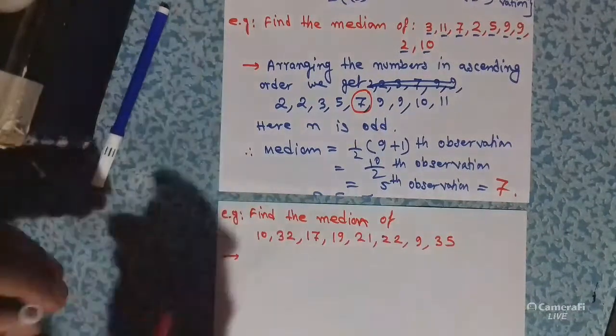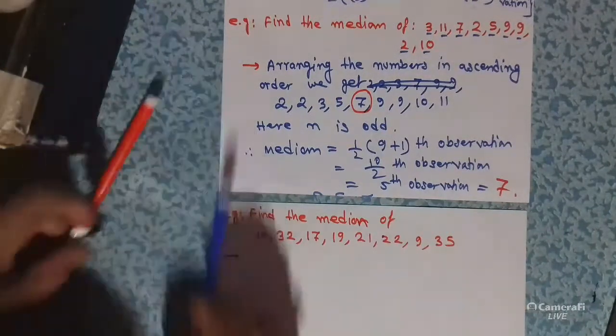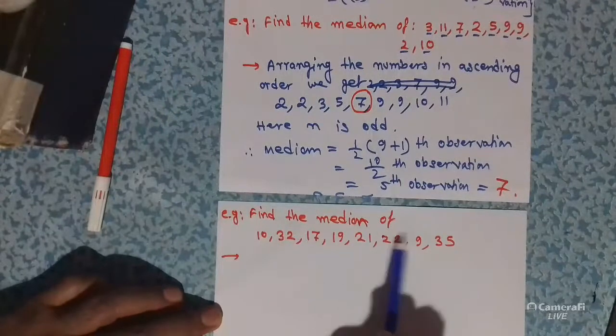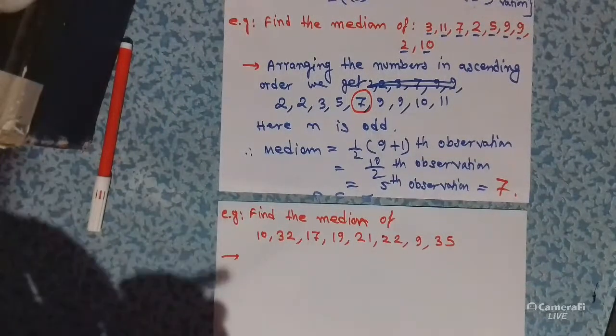So here the total number of observations is 8: 1 2 3 4 5 6 7 8. So here n is even.